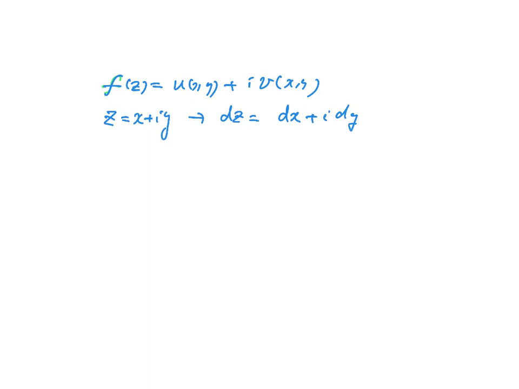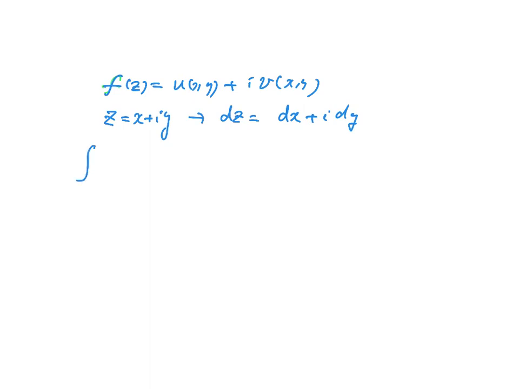So let's say f(z) = u(x,y) + i v(x,y), and dz = dx + i dy.